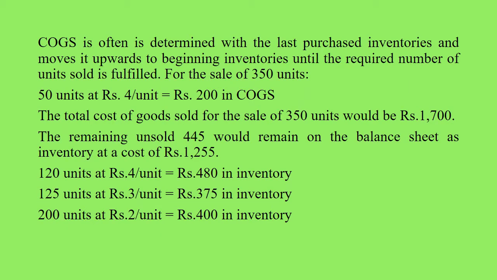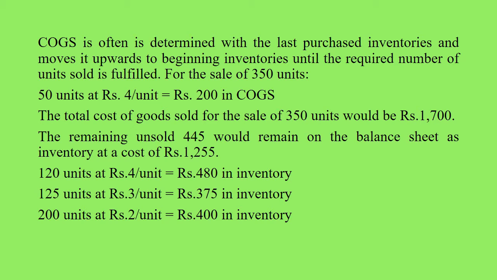Cost of expenses is the cost of goods sold, which is determined with the last purchased inventories, and it moves upward to the beginning inventories until the required number of units to be sold is fulfilled. For this case, it is 350 units for sale.